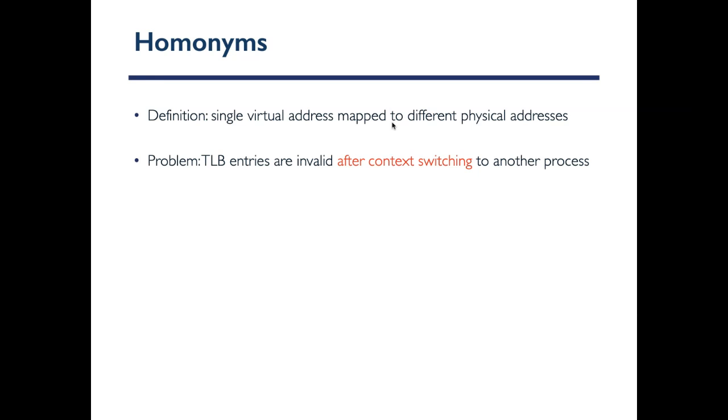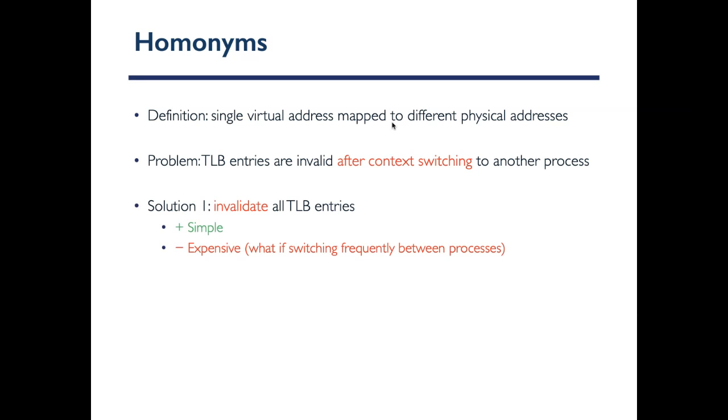If you keep using what you have in the TLB, that is absolutely invalid. So what should happen? One thing you can do is invalidate all TLB entries every time you context switch. This is very simple, but it's a little bit expensive.